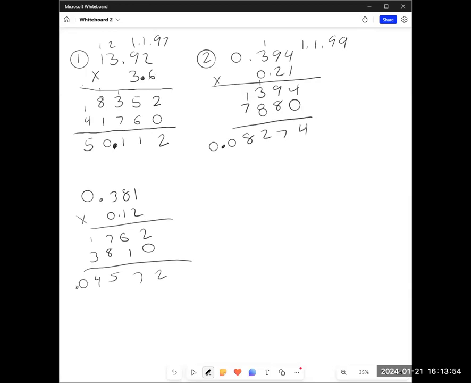Run it into the same problem again. So that one should be 0.04572. Yes, it is. So number 3 here was like number 100 from the textbook.